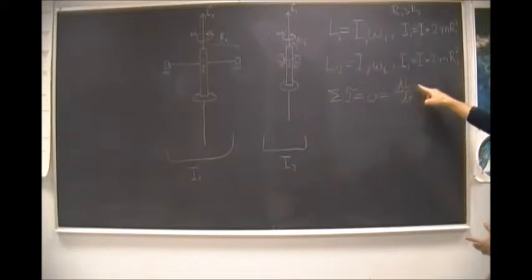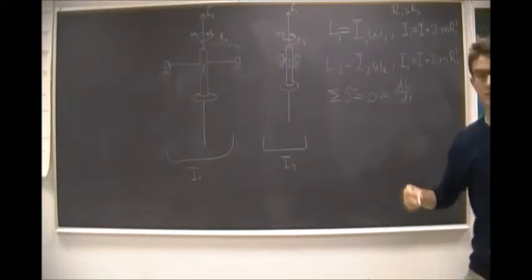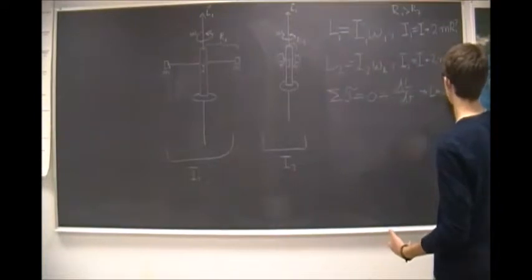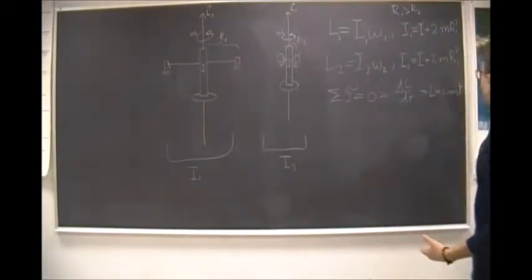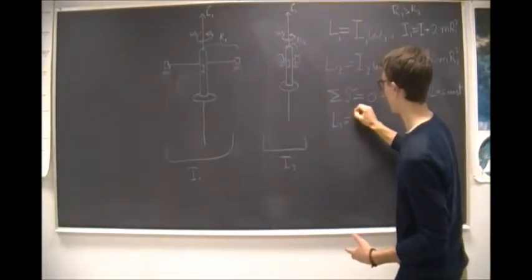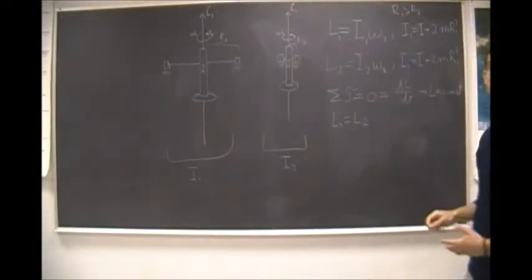Because the rate of change of angular momentum is equal to 0, L is constant. What does that mean? L1 is equal to L2.